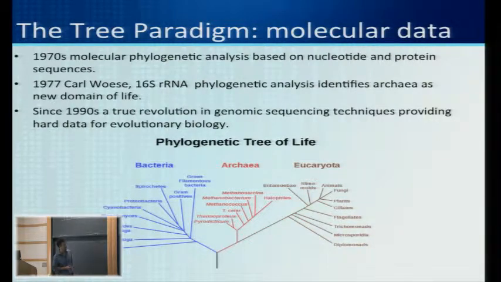And then we can try to basically populate the tree with different species and different organisms and different taxa and trying to see how these things worked. In 1977, using ribosomal RNA, Carl Woese started to put together all these cells, all these different forms and species, and he realized that there was something in the middle between the eukaryotes and bacteria, kind of a new domain of life. And since then, this tree has been growing more and more.